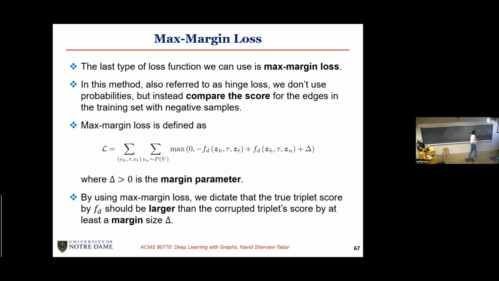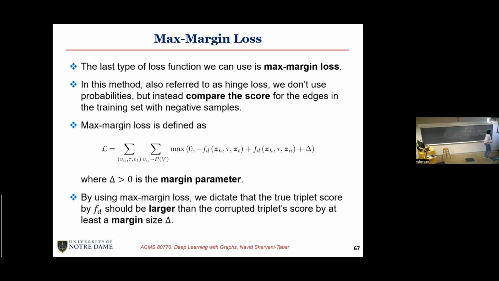Mathematically put, we are computing the max of 0 and the difference between the output of the negative edge and the output of the positive edge plus some margin. So this margin is a parameter.